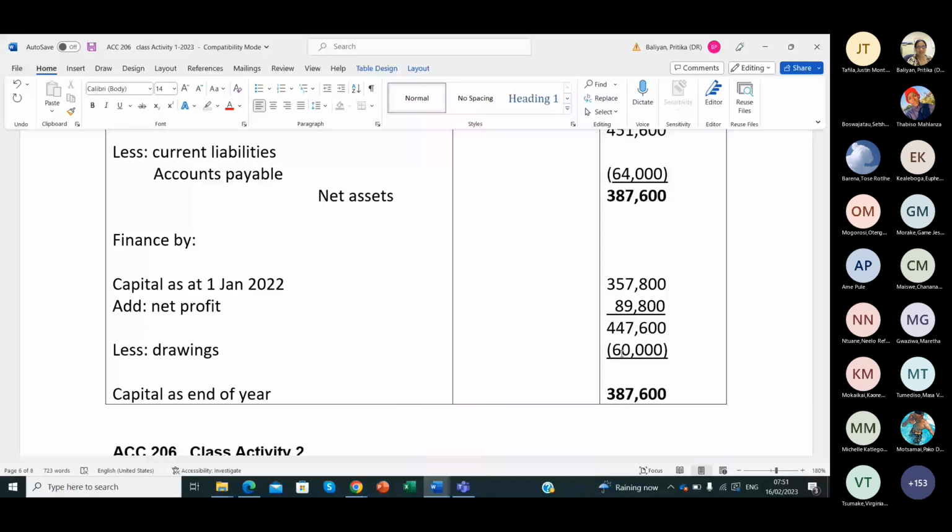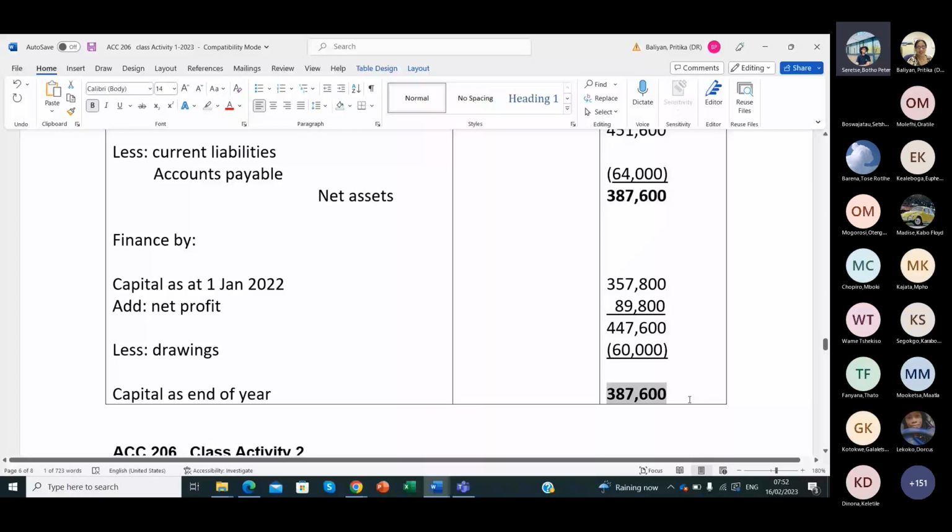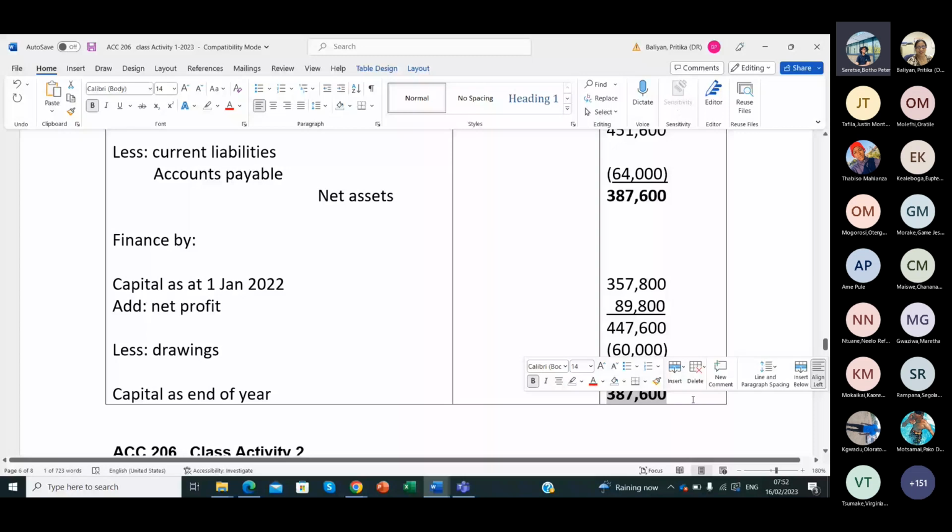Yes, ma'am. So here, because we are talking about financed by, we will subtract the drawings given in the question, 60,000. So the remaining amount is 387,600, which equals the net asset. Net asset is equal to the end of the year capital, which is based on the accounting equation. The total net asset equals capital, and capital can be capital plus liabilities if they borrowed some capital from outside.